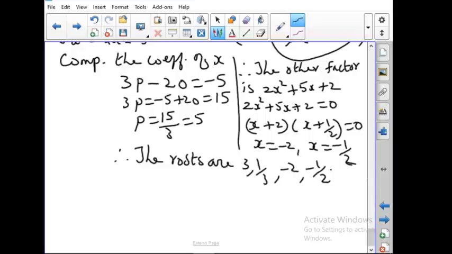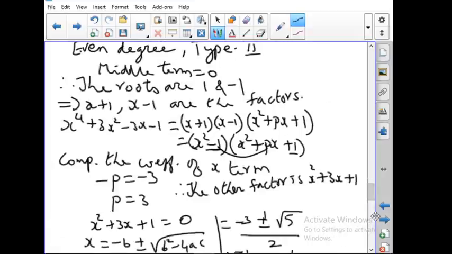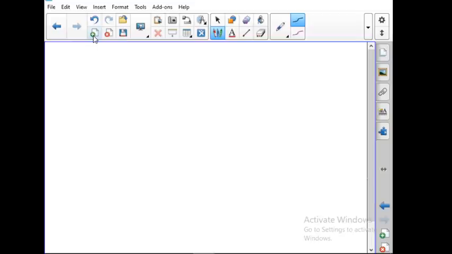So next topic is Descartes' rule. So Descartes' rule, here we have to check only the change of sign, that is, consider a polynomial p of x.